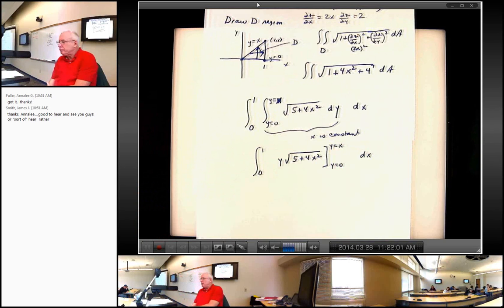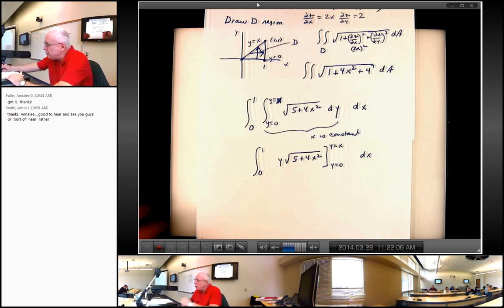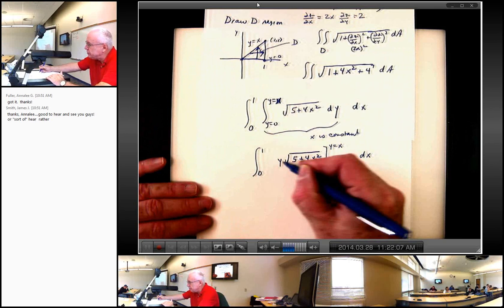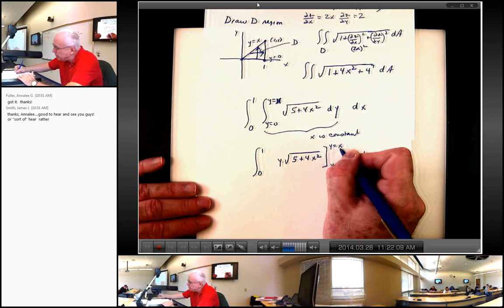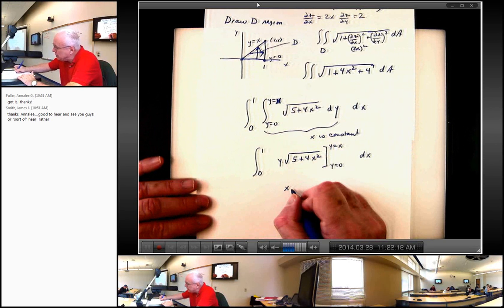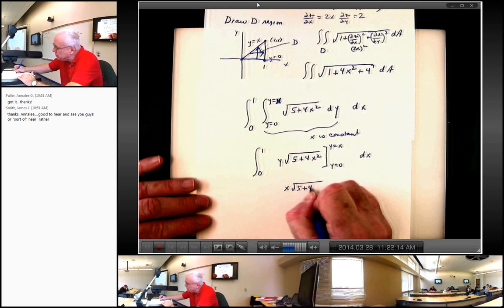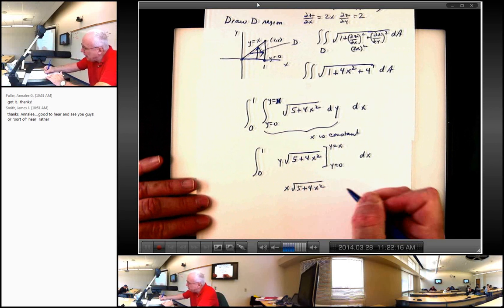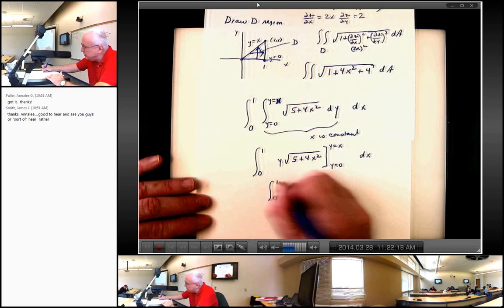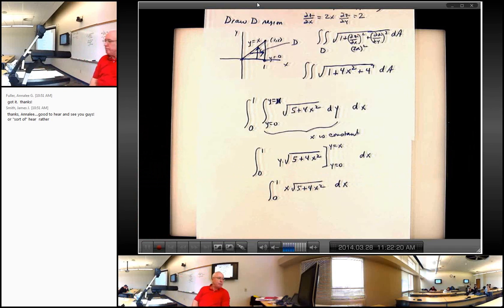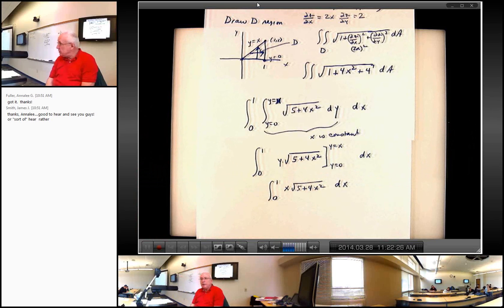All right. And then we plug in our top and bottom values. Well, the bottom value is going to cause everything to be 0. So I just plug in the top value, and I get x times the square root of 5 plus 4x squared, from 0 to 1 dx. Now, I need to evaluate this.